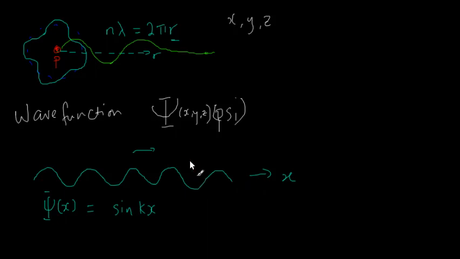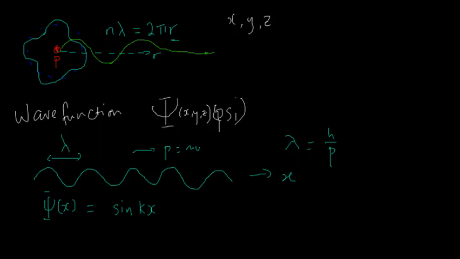This sort of represents a particle that has a fixed momentum, p equals mv, meaning going at a constant velocity, and we know from de Broglie's relation that the momentum is related to the wavelength by h over p, where this is the wavelength. So that's the wave function.